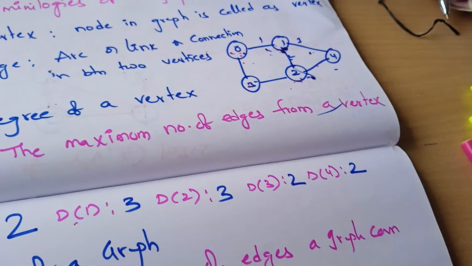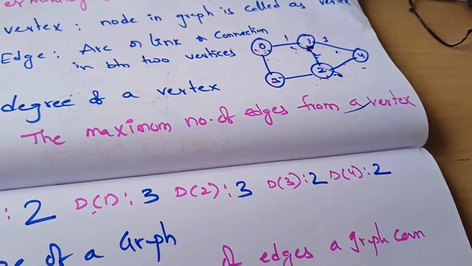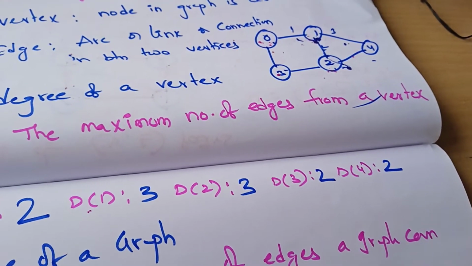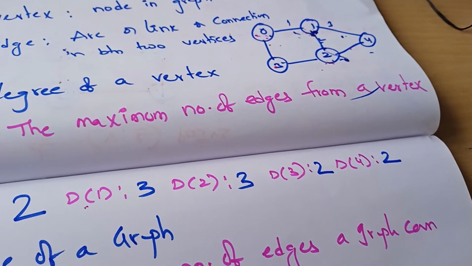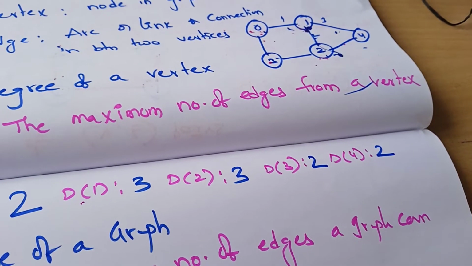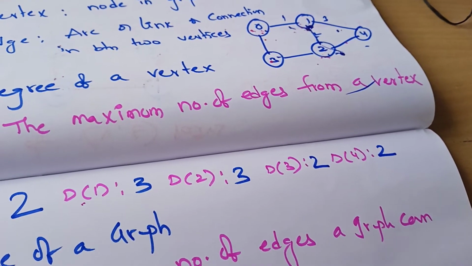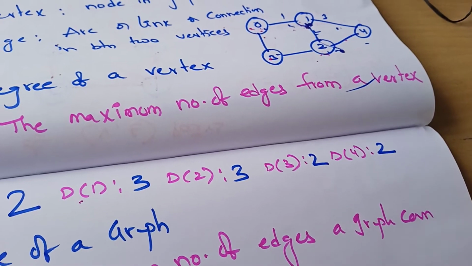Now let's write the edges. 0, 1 and 0, 3: 2 edges from vertex 0. Now vertex 1: 1, 0; 1, 2; 1, 4. Now vertex 2: 2, 1; 2, 3; 2, 4.